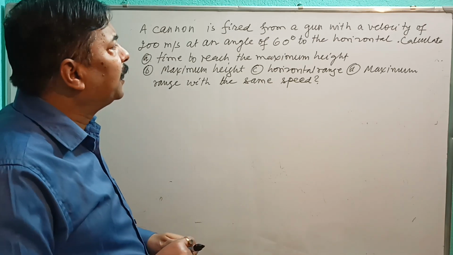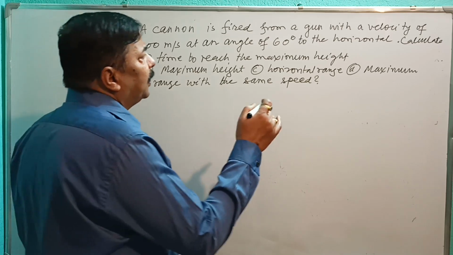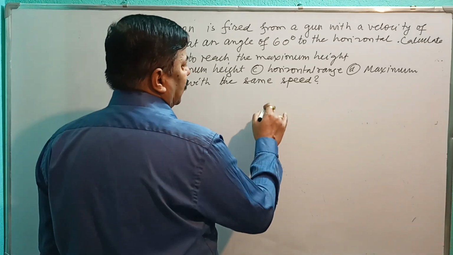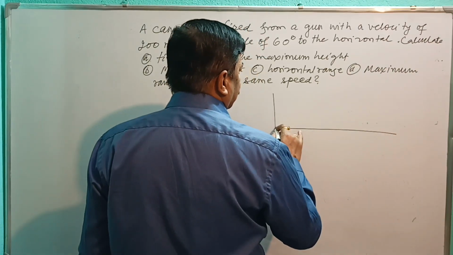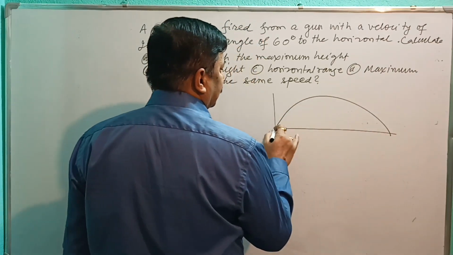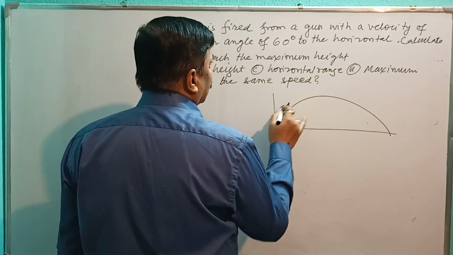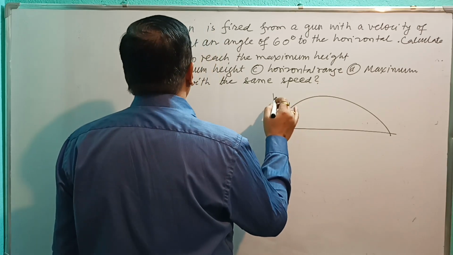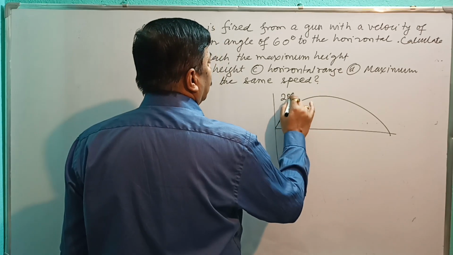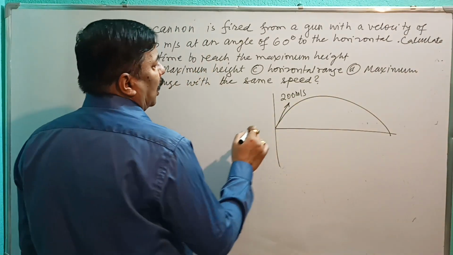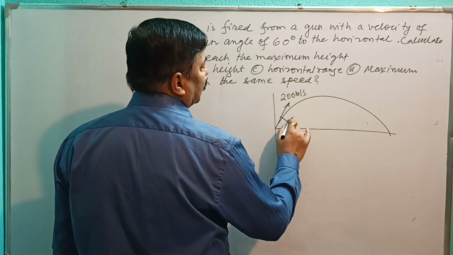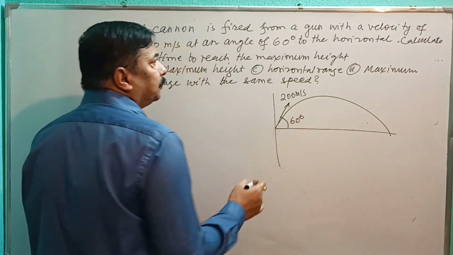Now, a basic fundamental question here: it will take your projectile path as it has been fired. So here the initial velocity is given, 200 meters per second. The angle according to the question is 60 degrees.